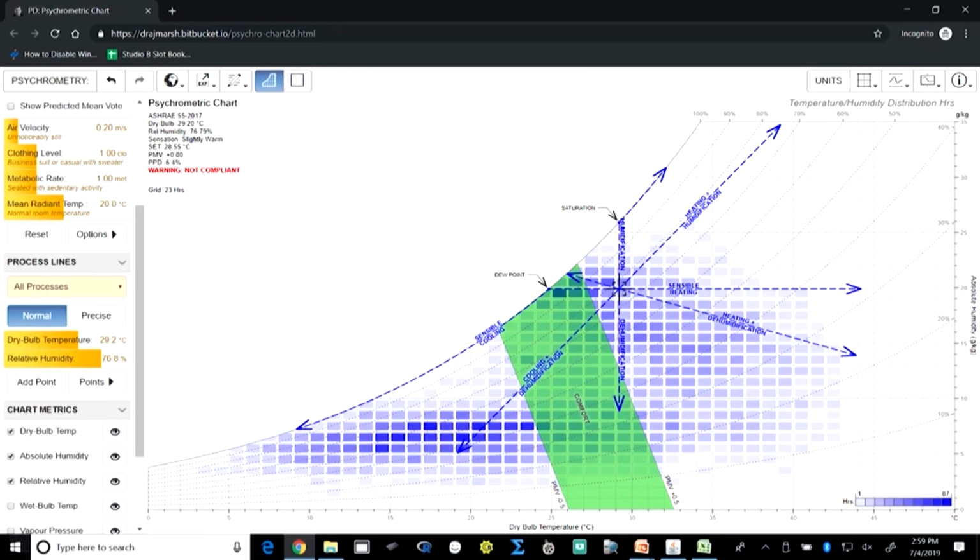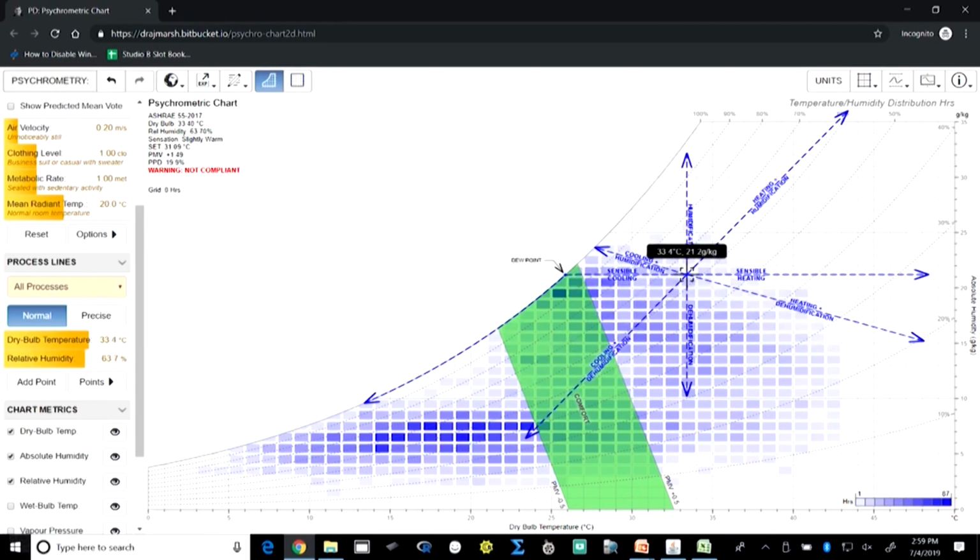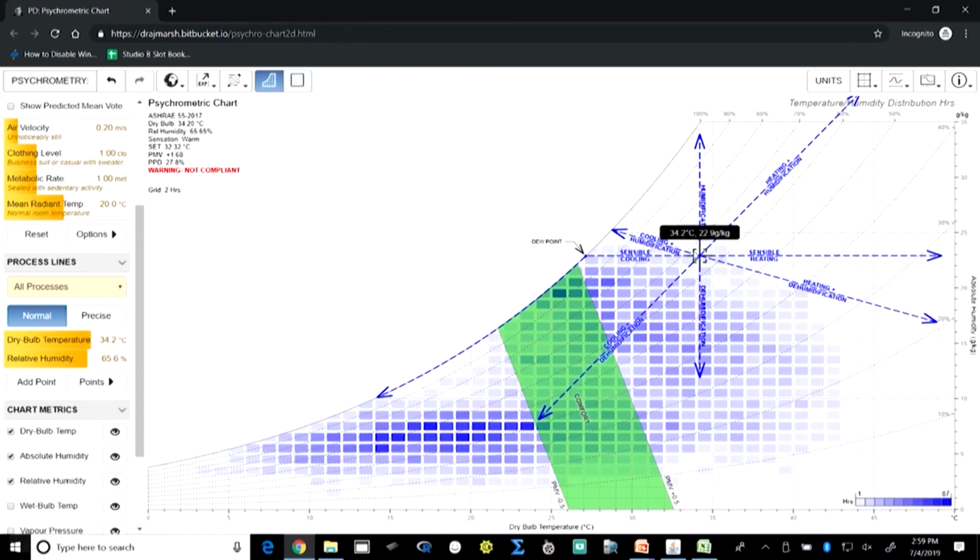On the other hand, if I go further high, so the temperature is further increased, at that temperature and a humidity of around 65%, even with only dehumidification, I might not be able to bring it within the comfort zone.